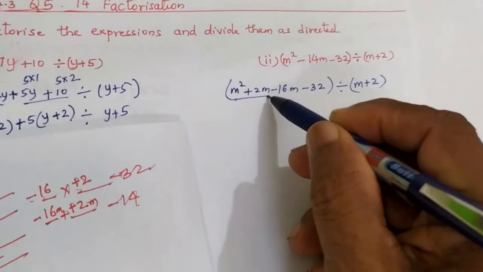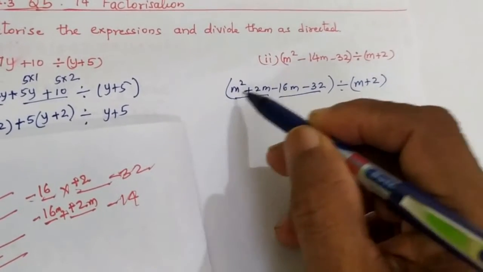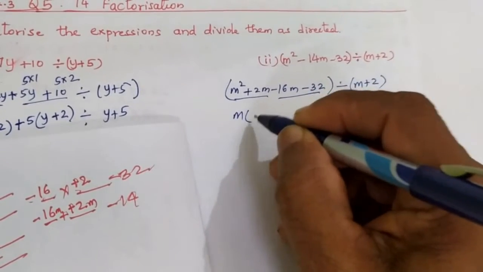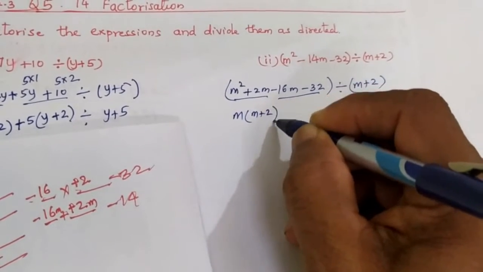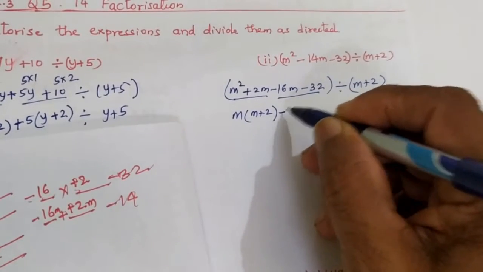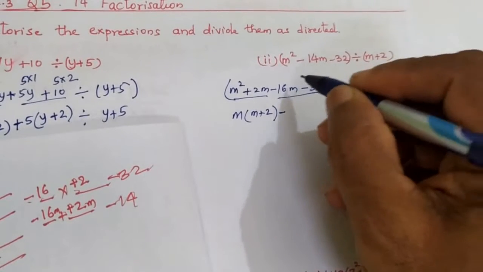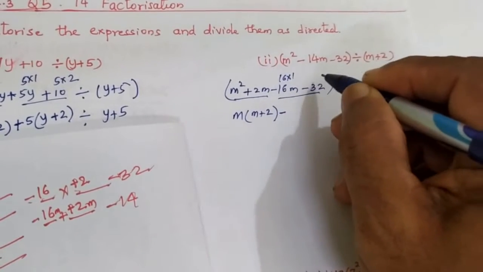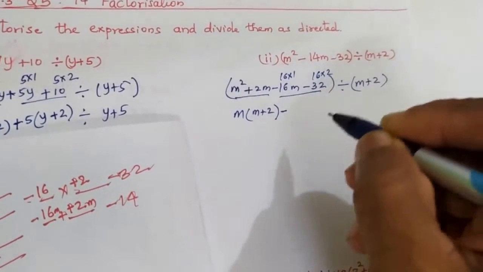So find the common factor between these two. What is common? M into m plus 2, then minus, and here it is 16 2s are 32. What is common? 16 is common. Put m; here there is minus, minus into plus is minus, so 16 2s are 32.